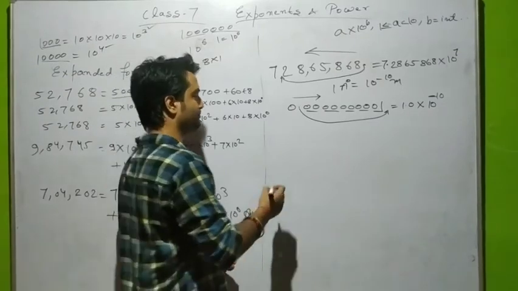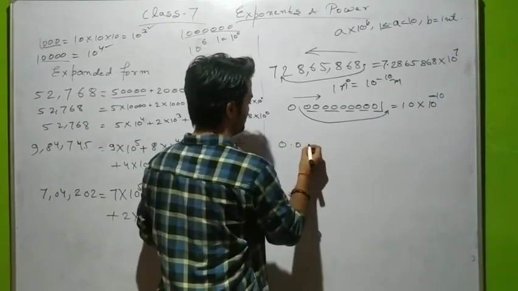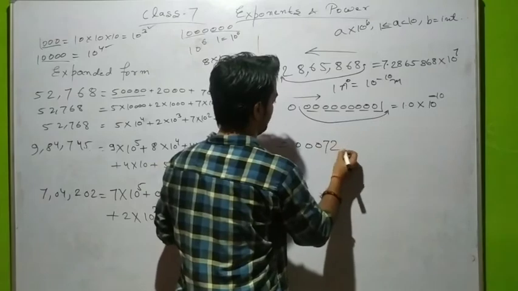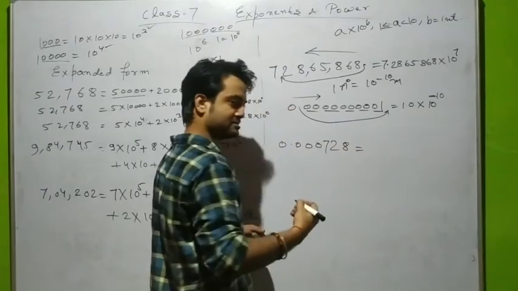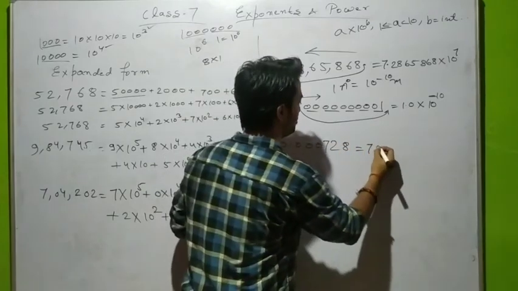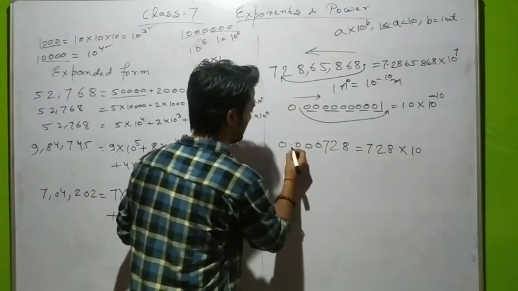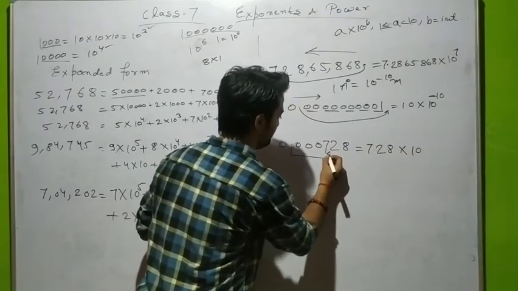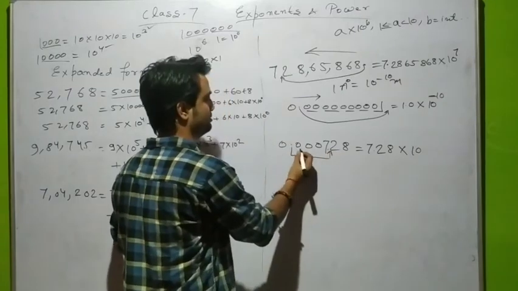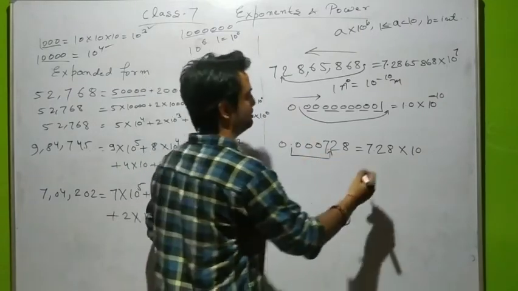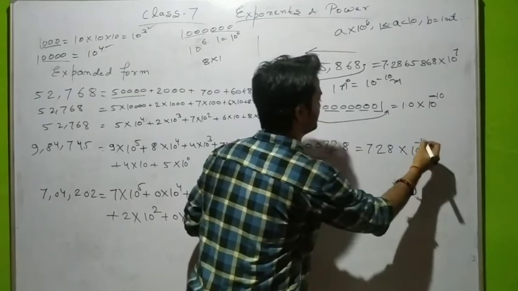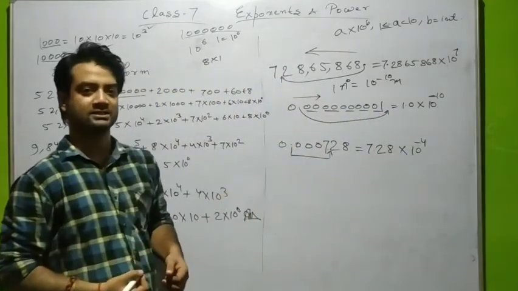In the same way, 0.000728 can be written as 7.28 into 10 raised to the power, how many digits does the decimal have to cross? 1, 2, 3, 4. So it can be written as 10 raised to the power minus 4.